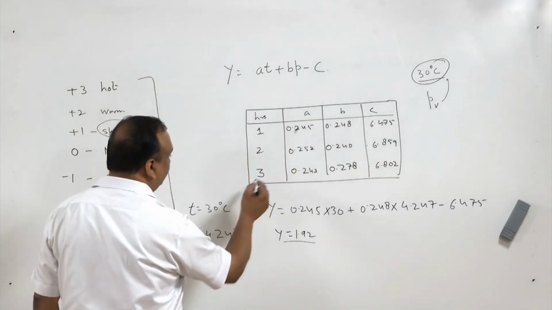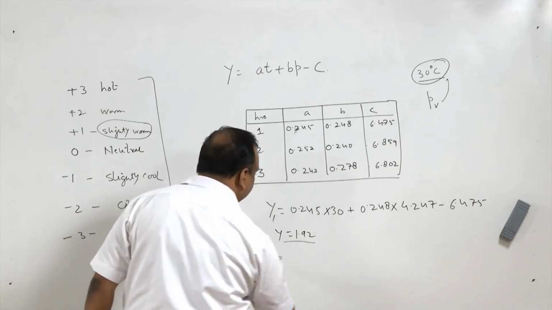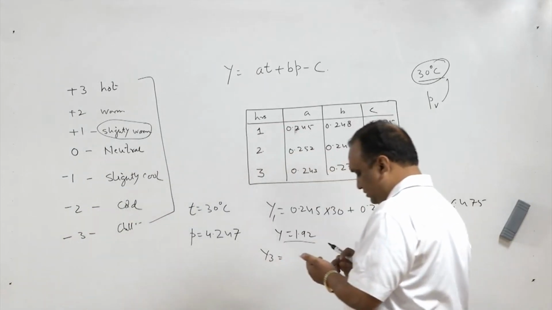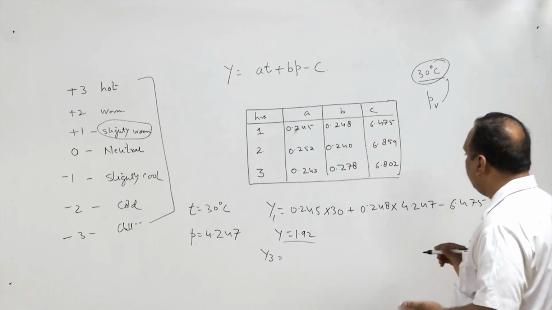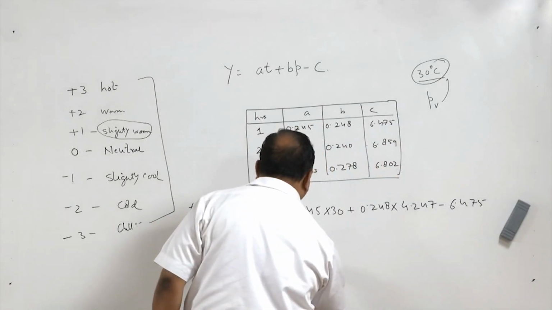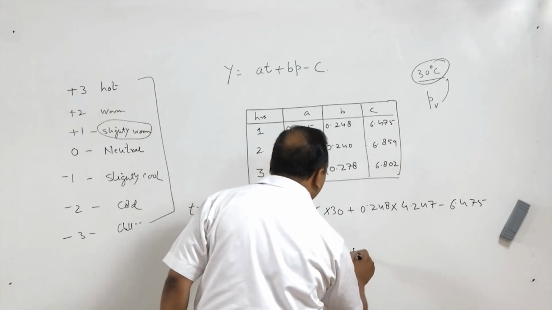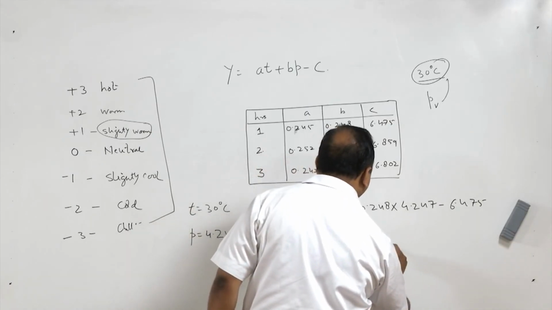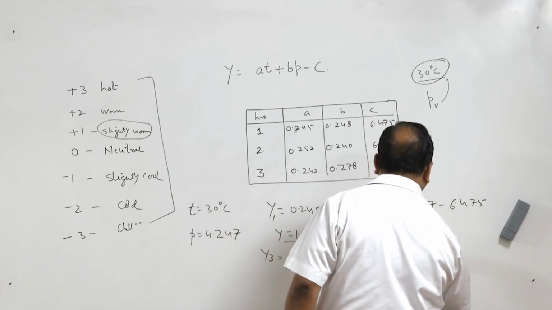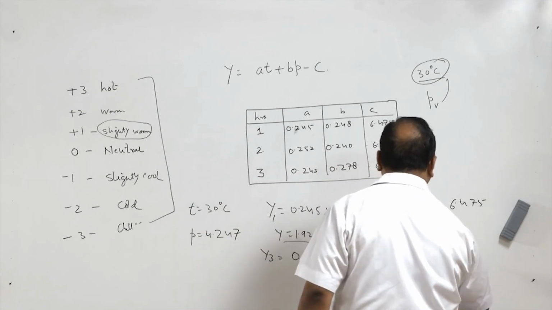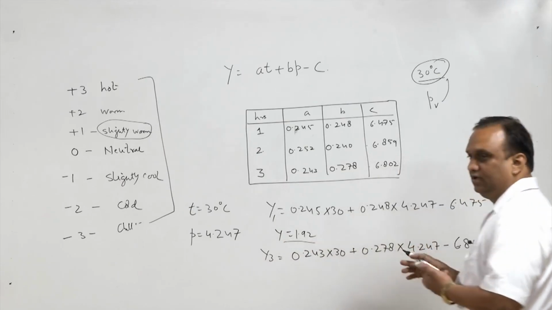Now let us go for 3 hours. This we have done for 1 hour. Now if we do for 3 hours, then it is going to be 0.243 multiplied by 30 plus 0.278 multiplied by 4.247 minus 6.802, right?